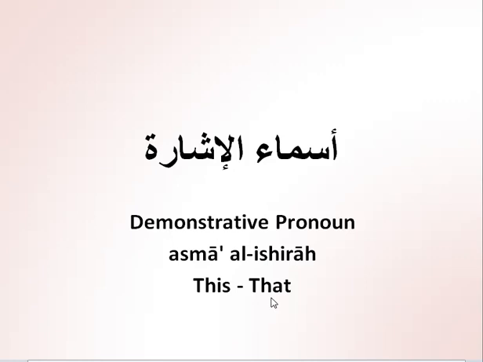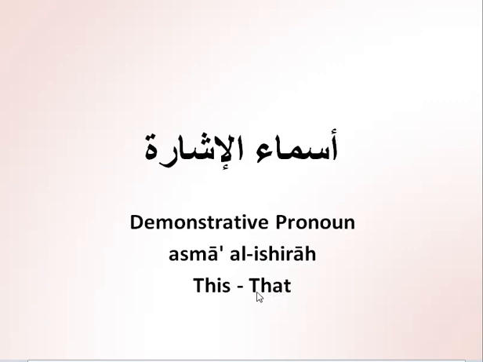Now, these objects can be reachable. The objects that are reachable can be referred to as this, which are nearby, and those which are visible but not reachable can be referred to as that. If you want to point at something which is not reachable but is visible, we can simply say that.